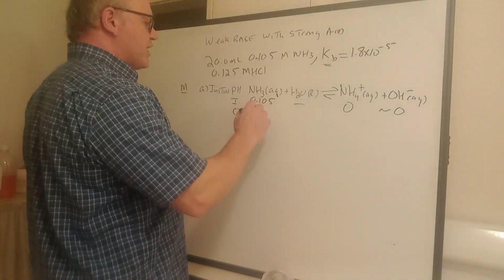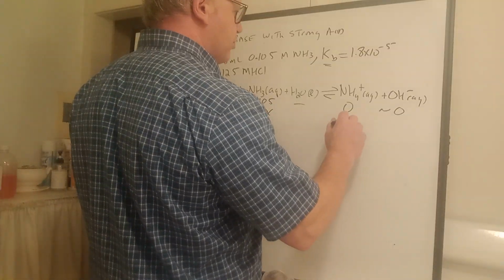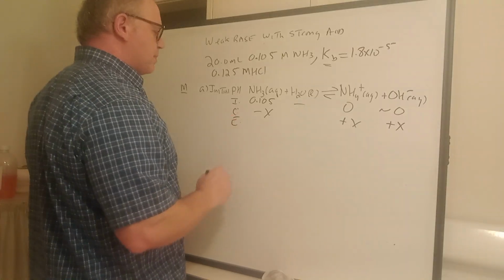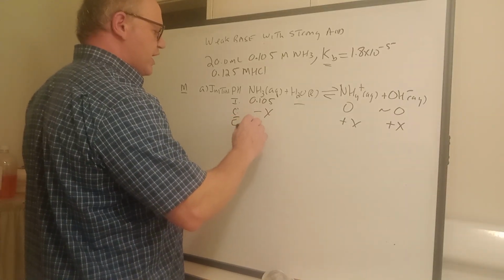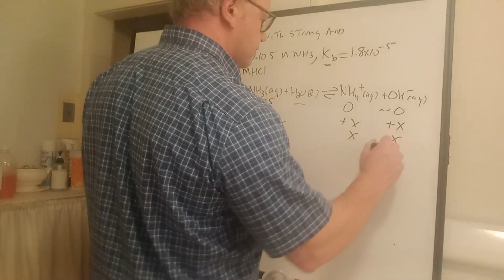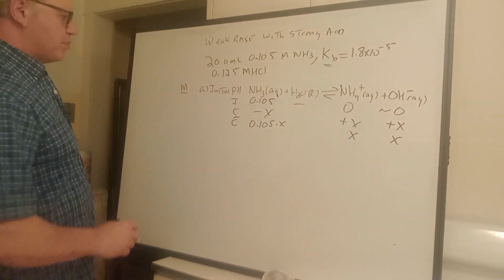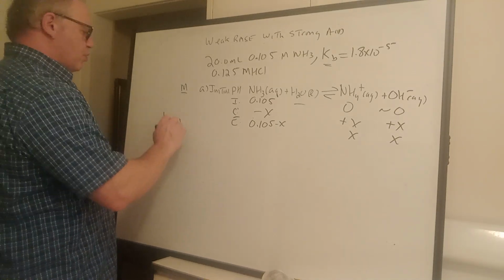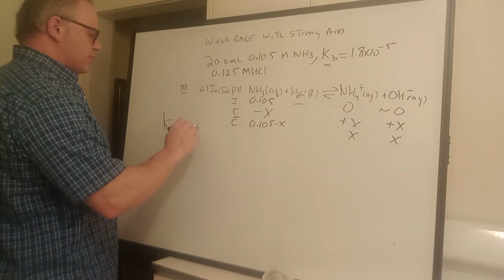So we have a minus X here, a plus X, and a plus X. The E step is going to be bring it on down. So now we set up the equilibrium expression. Kb is equal to 1.8 times 10 to the minus 5.